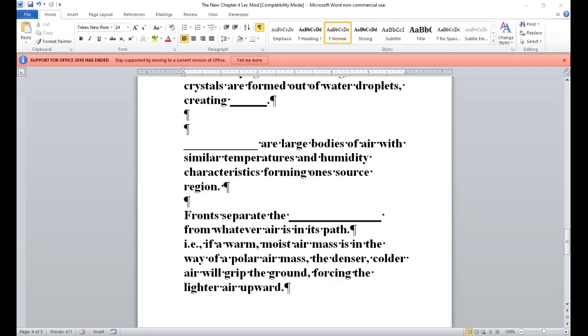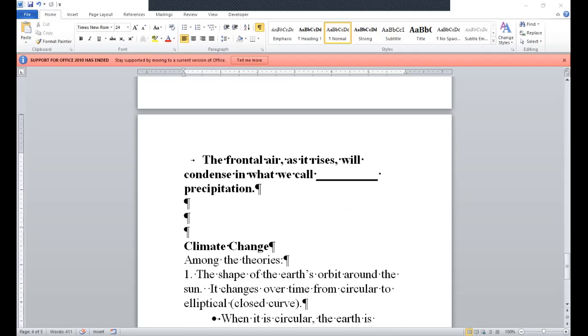For example, if a warm, moist air mass is in the way of a polar air mass, the denser, colder air is going to grip the ground, forcing the lighter air upward. As the frontal air rises, it will condense in what we call frontal precipitation. Again, figure 4.26, page 92, a nice visual on that.